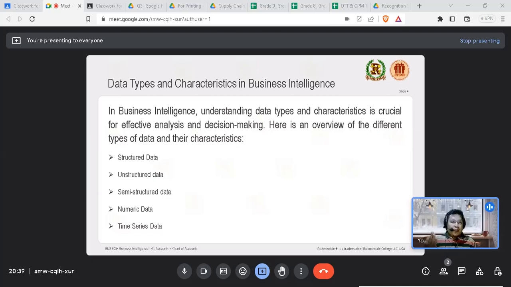I don't know if you can still recall these terms: mean, median, and mode. Then the dispersion: the range, variance, and standard deviation. Then we also have visualizations, like histograms and box plots. Please take note of those terms.